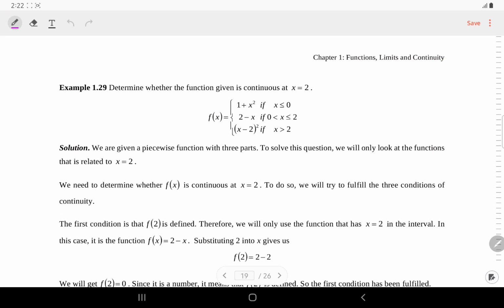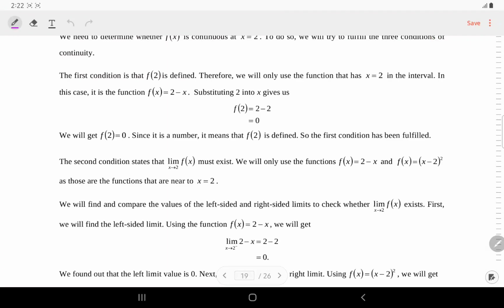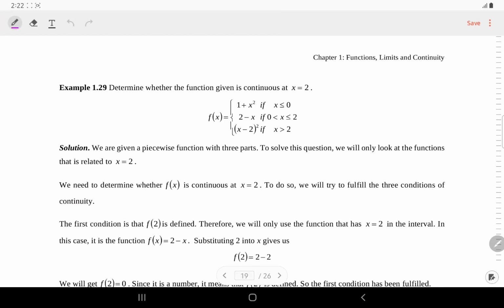Okay, let's take a look at this example. Example 1.29 on page 19. We want to determine whether the given function is continuous at x equal to 2 or not.